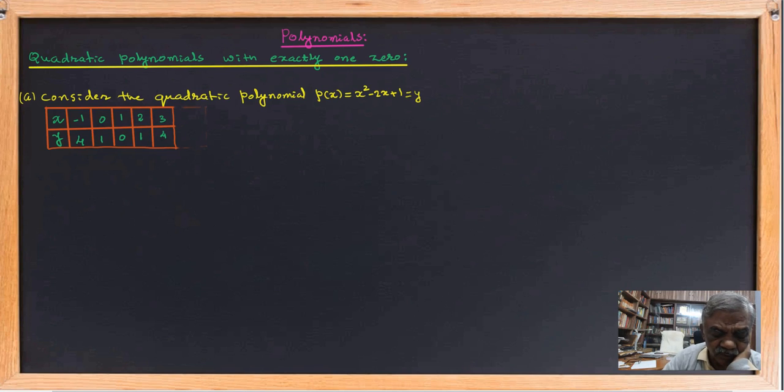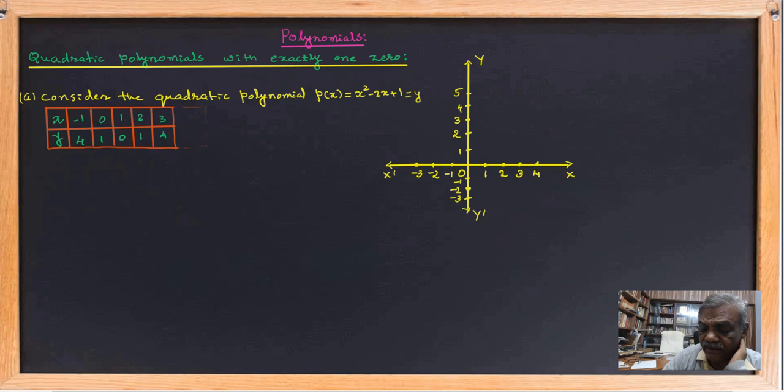Corresponding to these values, first let me consider the coordinate axis here. Now I am going to plot the points according to the values given in the table.